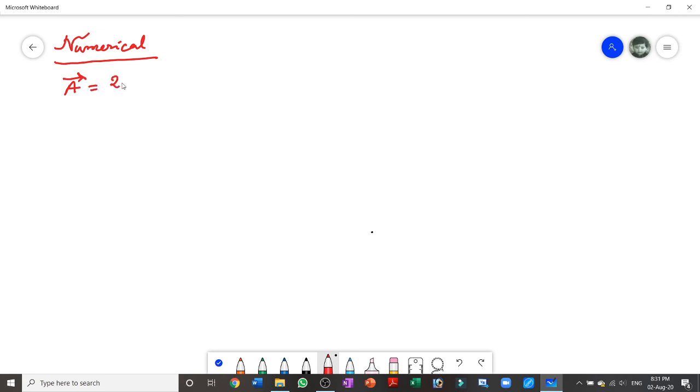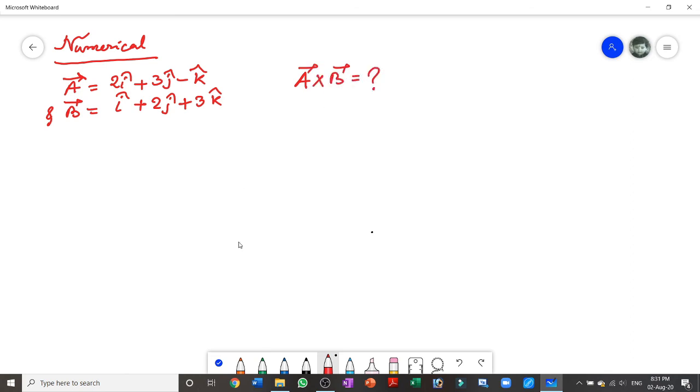A vector is given as 2 i cap plus 3 j cap minus k cap, and another vector b is given as i cap plus 2 j cap plus 3 k cap. Now we are required to find a cross b. We will try to solve it and see how we get the answer.